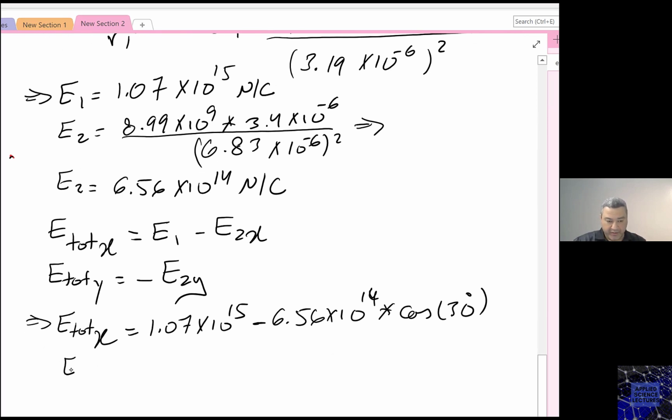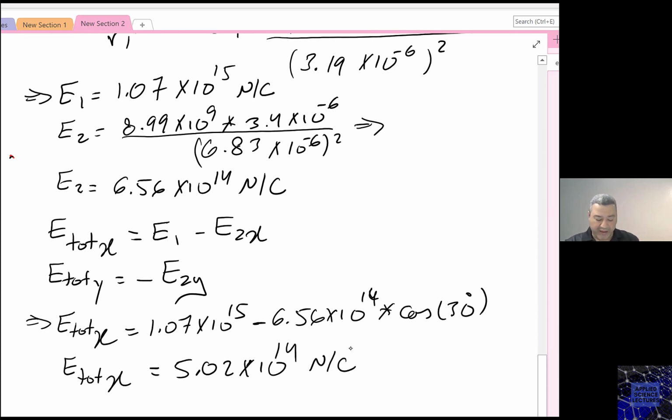Then E dot x is 5.02 10 to the power 14 Newton per Coulomb.